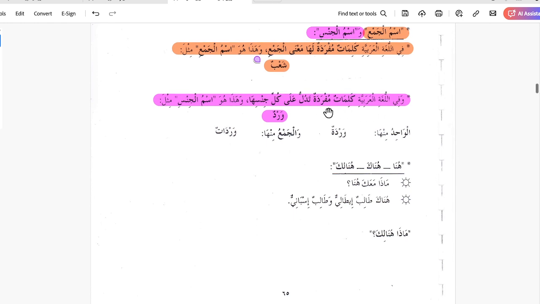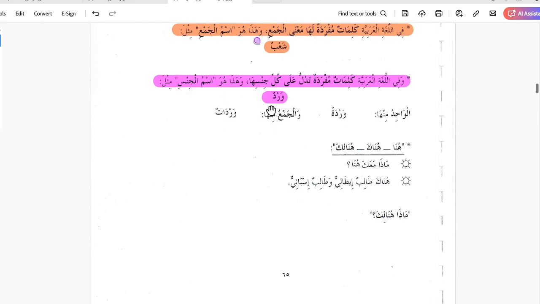There are some singular words which indicate the whole jins, which are called ismul jins, like waradun, rose or flower. So the singular can be waradatun and the jama is waradatun. Waradun will include kullu jins, all jins.